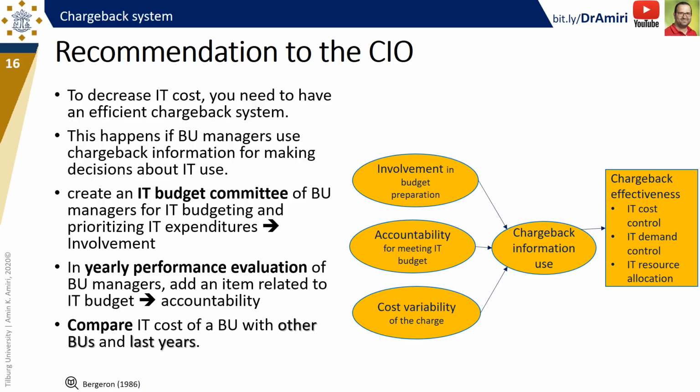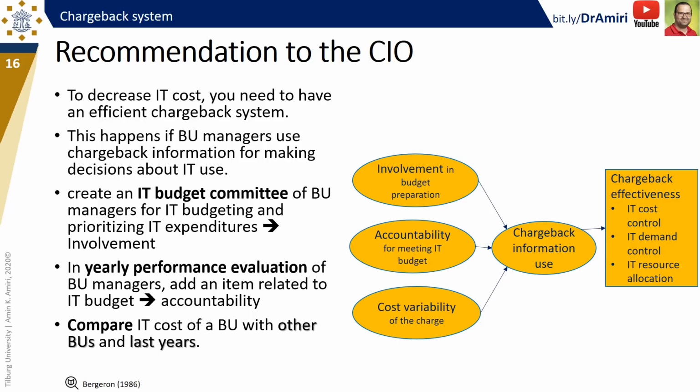To increase the accountability, because I have a great relationship with the CEO, I will ask William to add an item in their yearly performance evaluation, where they are asked if they meet the IT budget.